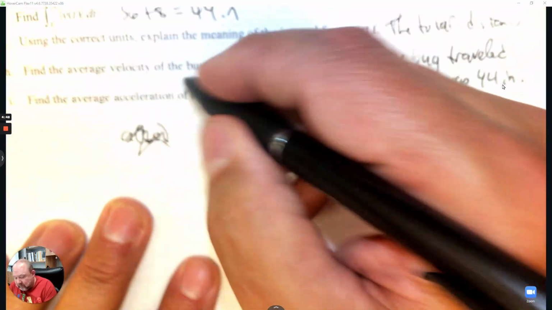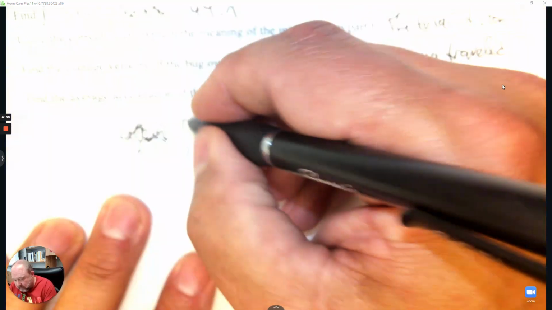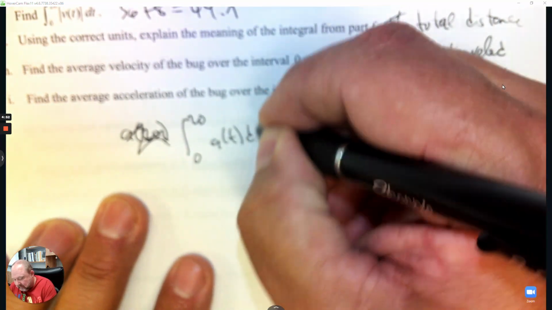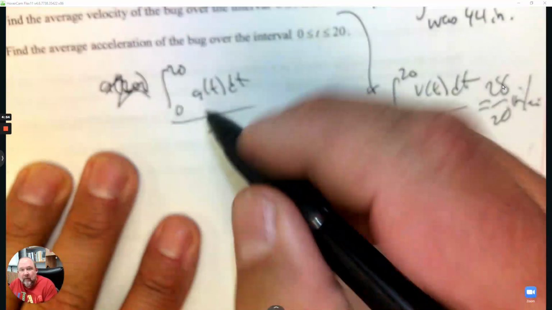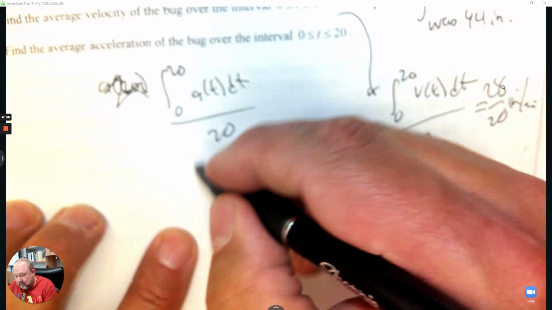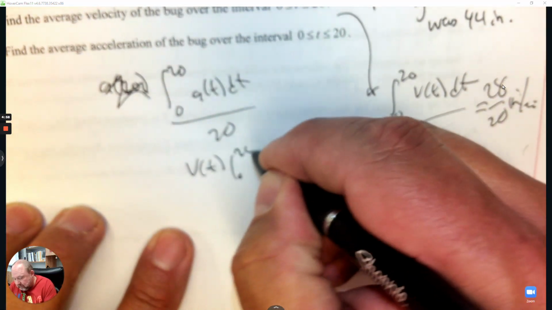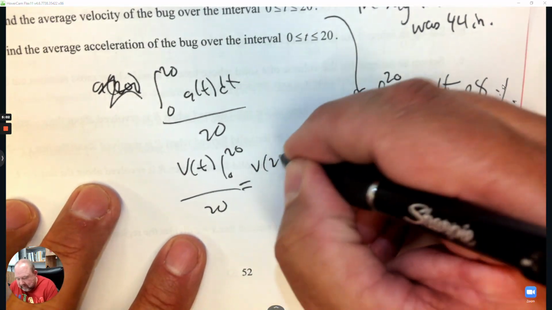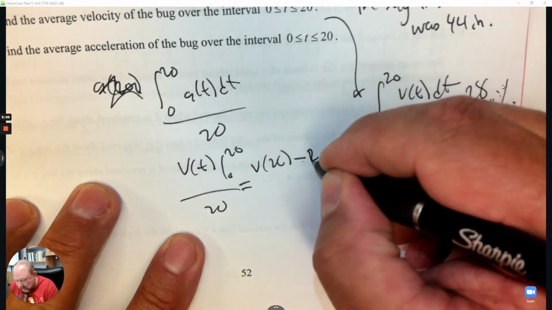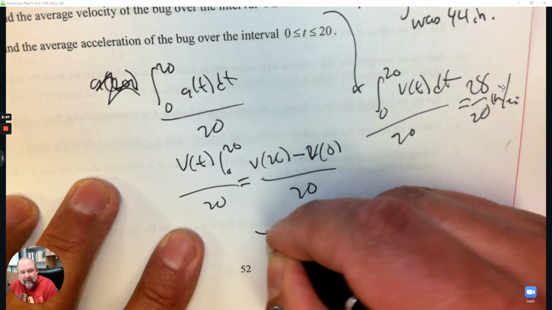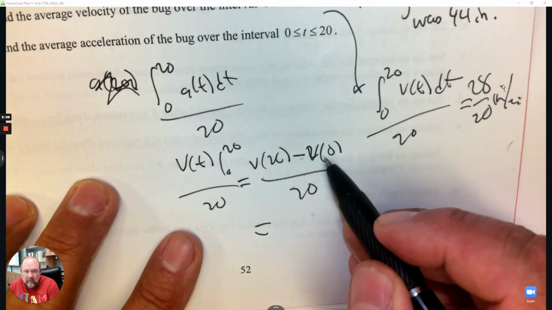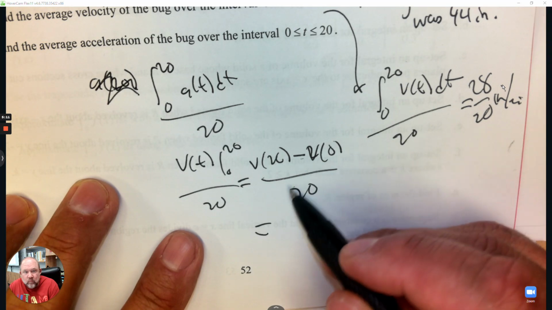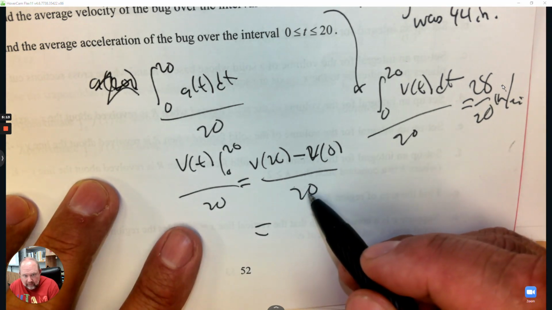To find average value, integrate from 0 to 20, and you integrate the acceleration. Now, when you integrate the acceleration, it becomes the velocity from 0 to 20. So we could have done this at the beginning. It's the y2 minus y1, same answer, divided by 20. So y2 minus y1, we could have done that at the beginning, over x2 minus x1.